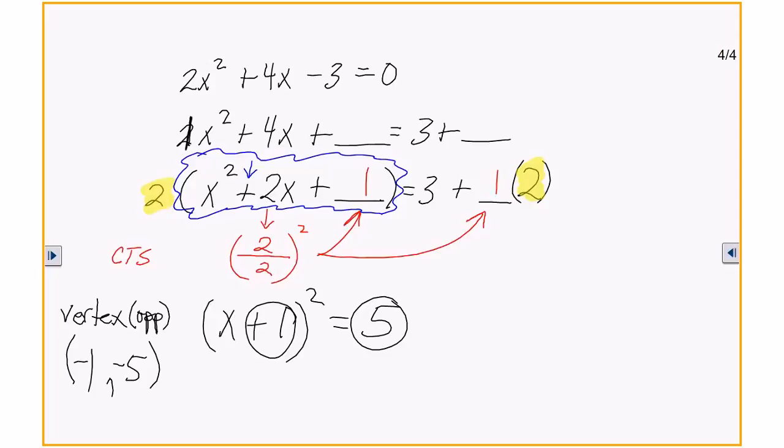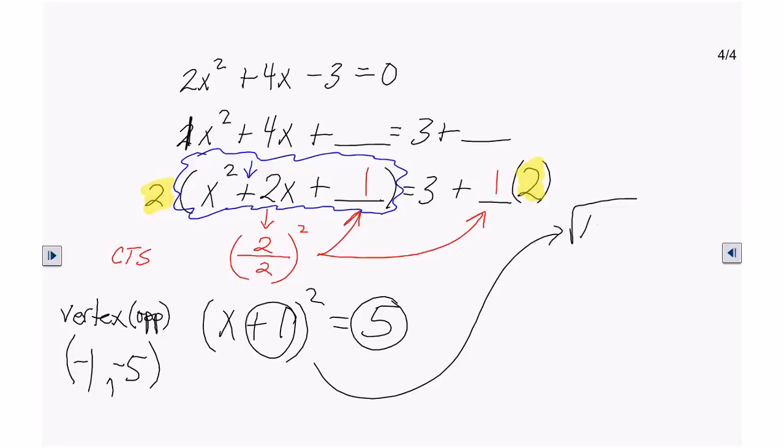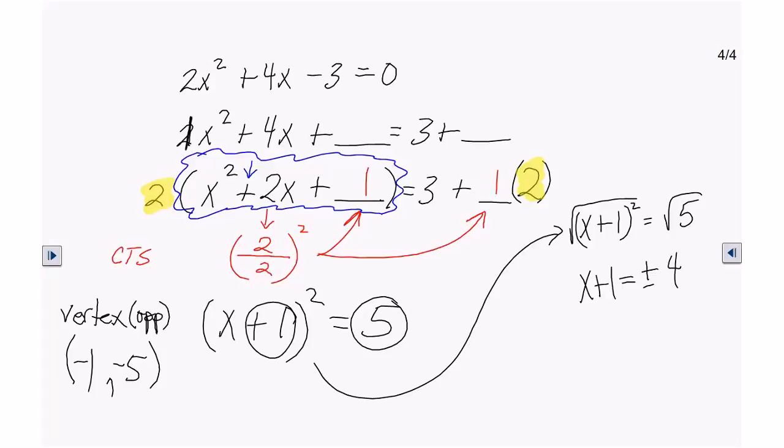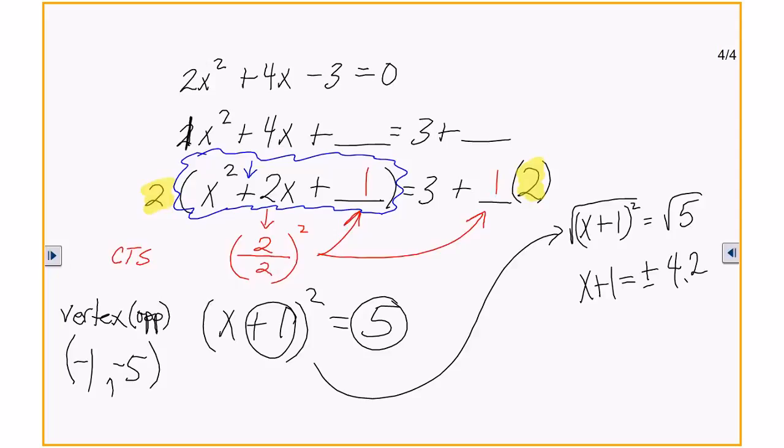Now to continue to get your x-intercepts, you just solve. Take the square root of both sides. You get x plus 1 is equal to positive or negative the square root of 5. How do I know that?